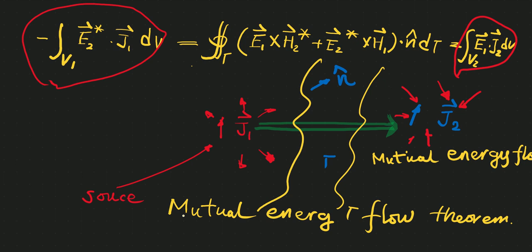From mathematics, we can see the mutual energy flow theorem is exactly the same as the Huygens principle. However, when we speak about the Huygens principle, we think it is a mathematical formula.